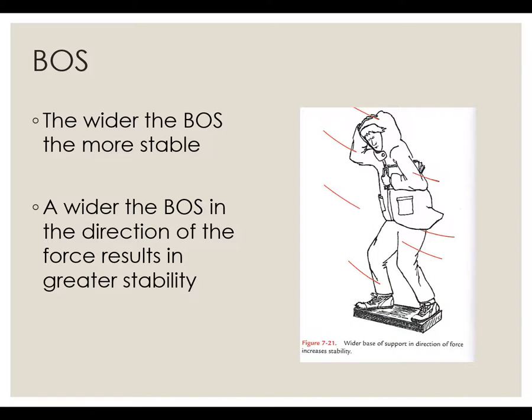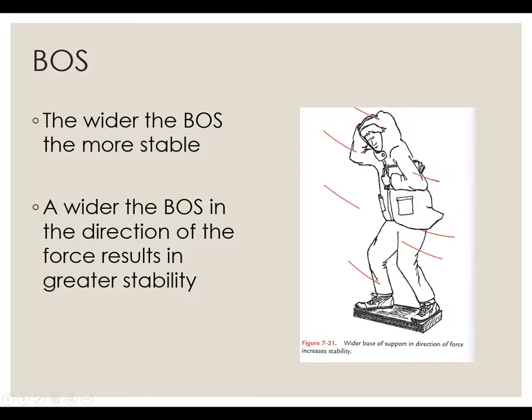The wider the base of support, the more stable. A wider base of support in the direction of the force results in greater stability. So right here you've got a person who's fighting wind or fighting an outside force. And what have they done with their feet? Do we just stand with our feet together to fight an outside force?